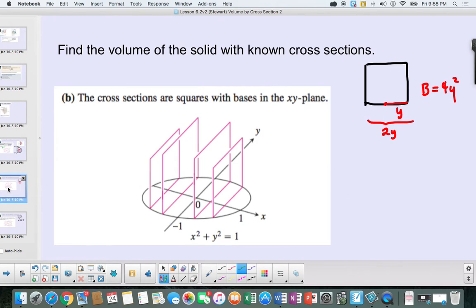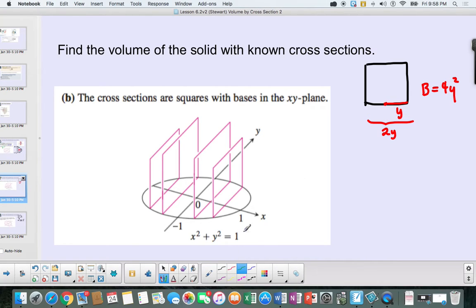Okay, let's go ahead and do the same problem where the cross sections are a different shape, but they're all sitting on this circle. So let's take a look at this square, and here I've drawn a square right here, and from halfway on the side to the top is the y of the curve, and the whole side of the square has to be 2y, and then the area of the base will be the side squared.